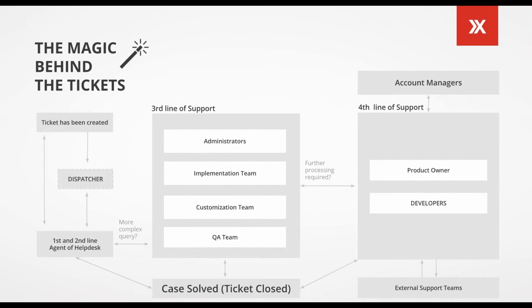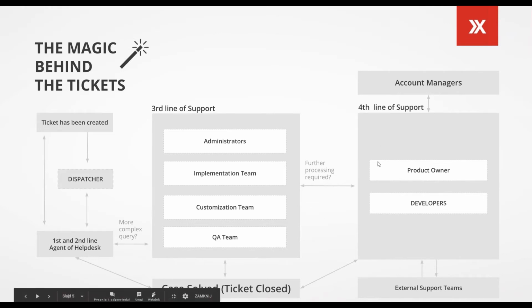And the fourth team is the quality and assurance team. This will be very important for you if, for example, you report a bug to us. Before we transfer that bug to our developers, which are the fourth line of support, which I will cover in a moment, our quality and assurance team have to make sure that the reported issue is actually a bug in the system.